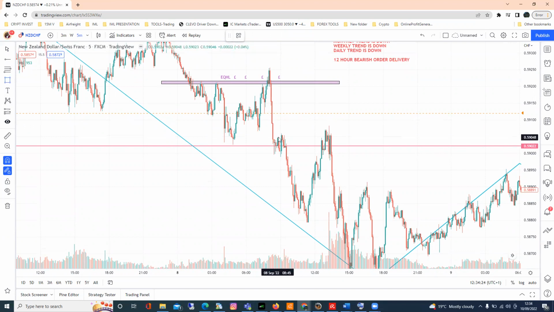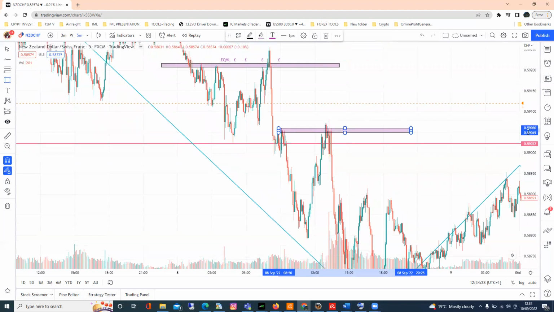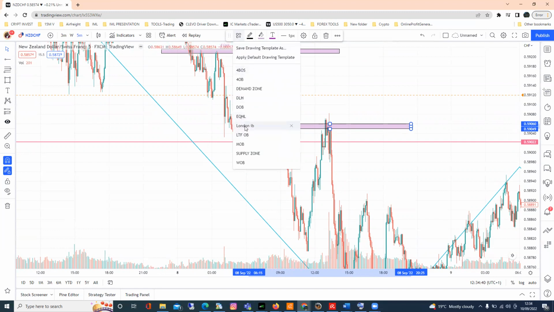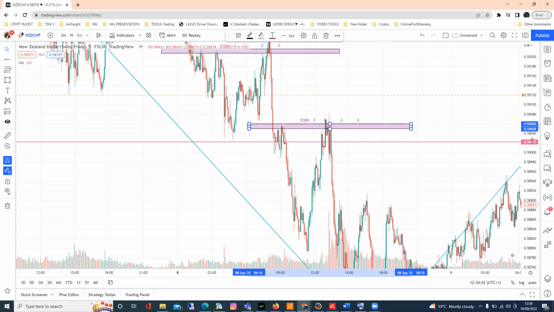So we have this area at the same time as well. Price has come back there. Price comes back to this level, all right, and then just note it down again.